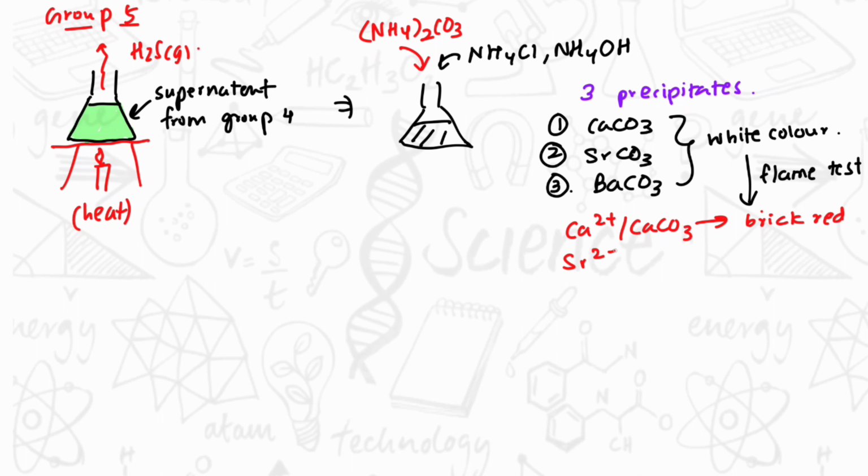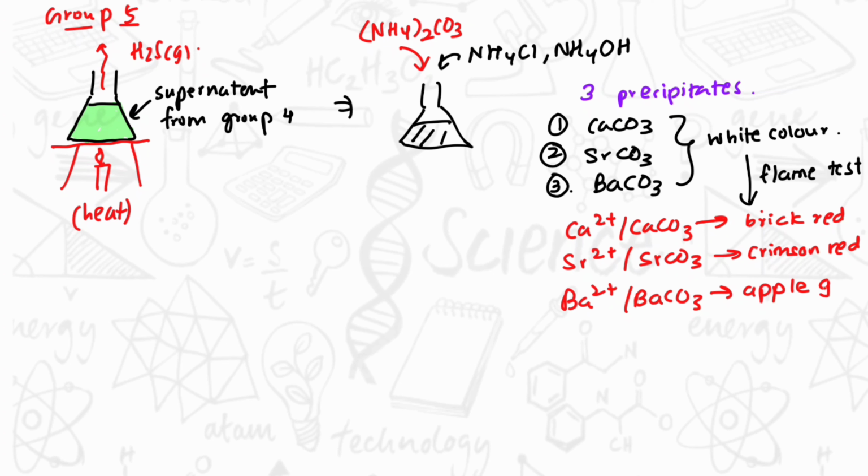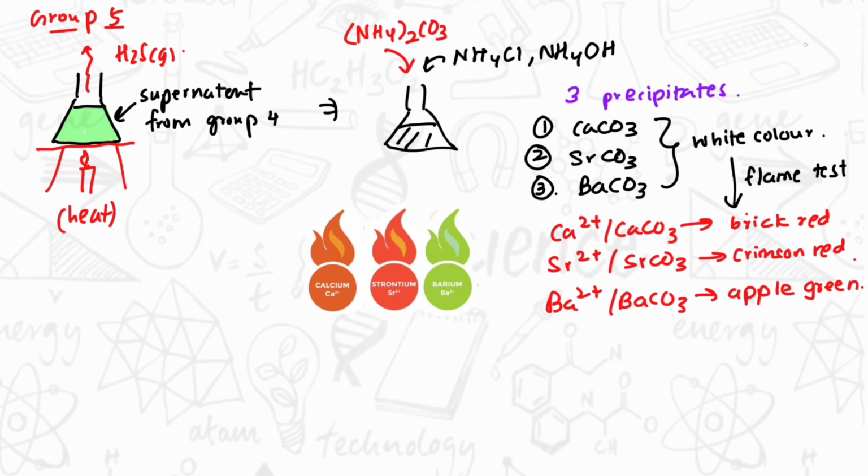The strontium 2 plus, or strontium carbonate compound, will give us crimson red. Barium 2 plus, or the barium carbonate compound, will give us apple green color. These are the colors each of these compounds show in the flame test.